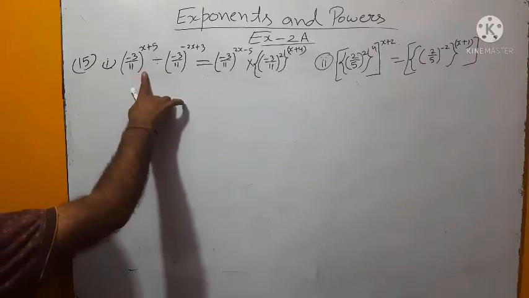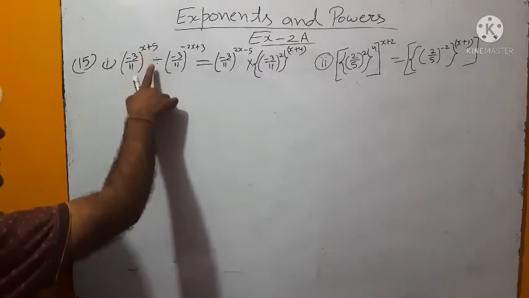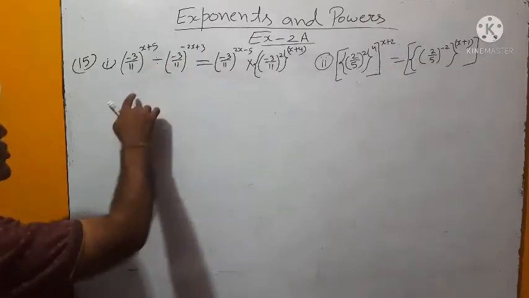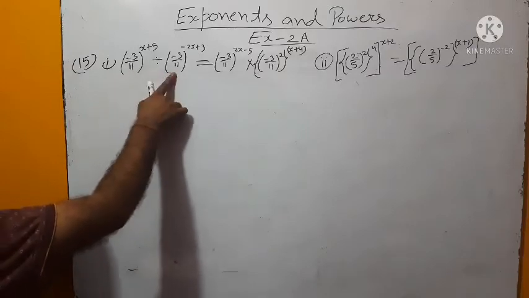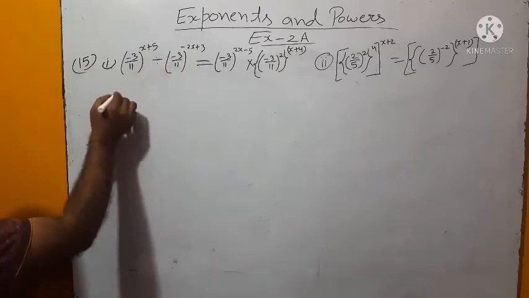See this number carefully. Minus 3 by 11 to the power x plus 5 divided by minus 3 by 11 to the power minus 2x plus 3. We know that if bases are same, then in the case of division, exponents are subtracted.